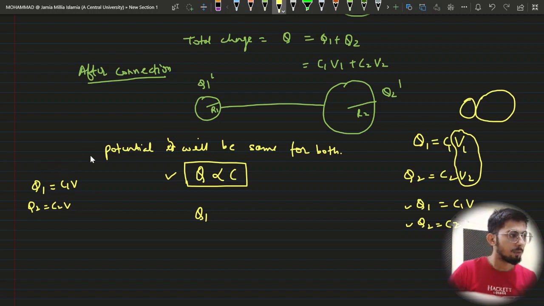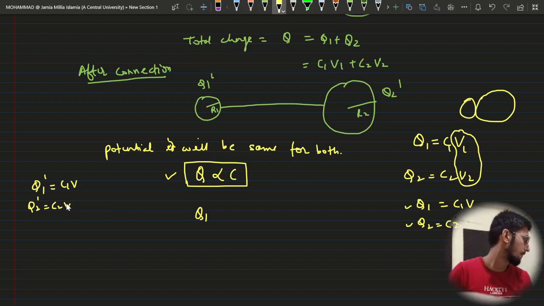But before dividing, because we assume there's Q1 dash and Q2 dash, let's call them Q1 dash and Q2 dash. Q1 dash would be some C1V, Q2 dash will be some C2V.